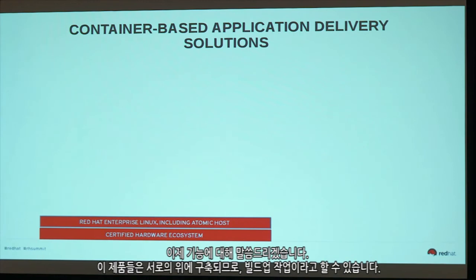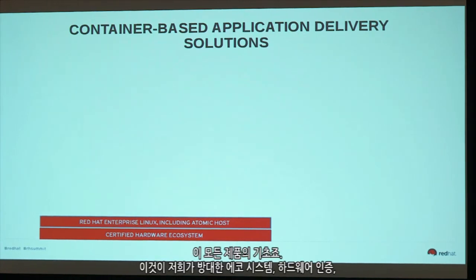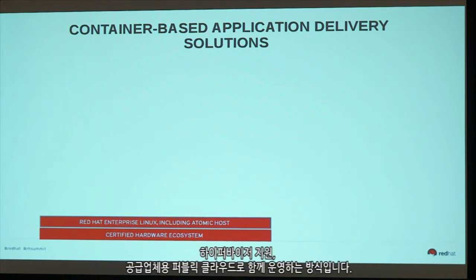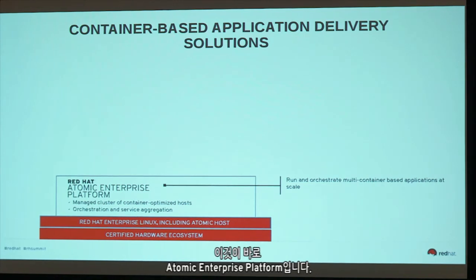Now, let me talk a bit about the functionality. These products are building on each other. So this is a build-up chart. It starts at the bottom with Red Hat Enterprise Linux 7 and RHEL Atomic Host. That's the basis of all these offerings. And this is how we light up a vast ecosystem of certified hardware, of supported hypervisors, and even public cloud providers. Now, we take these capabilities in the OS and turn it into a managed, clustered deployment platform.